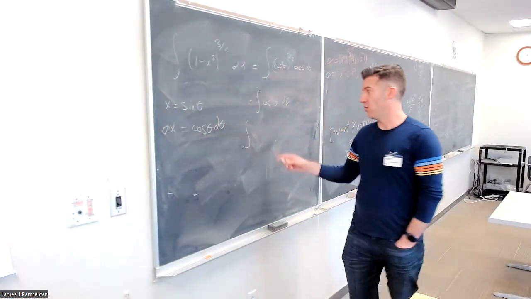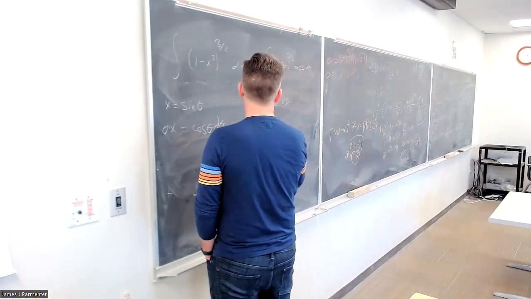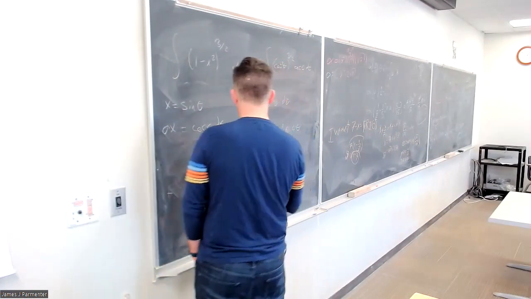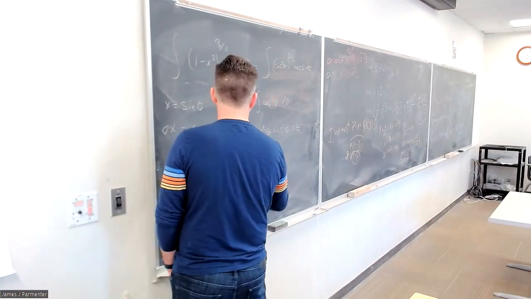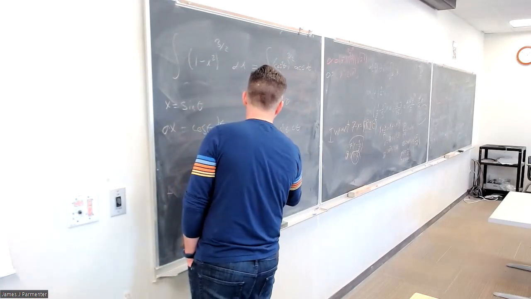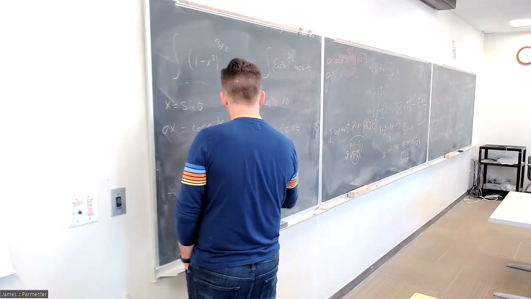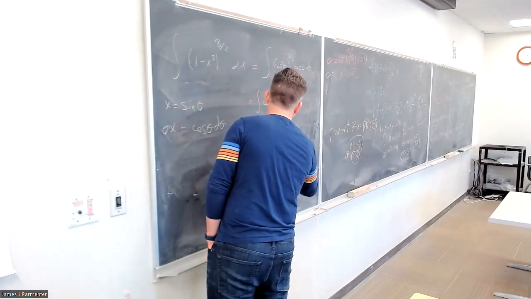So we're integrating cosine to the fourth, which is cosine squared times cosine squared, which is then going to be 1/2 times 1 plus cosine 2 theta, times another 1/2 times 1 plus cosine 2 theta.